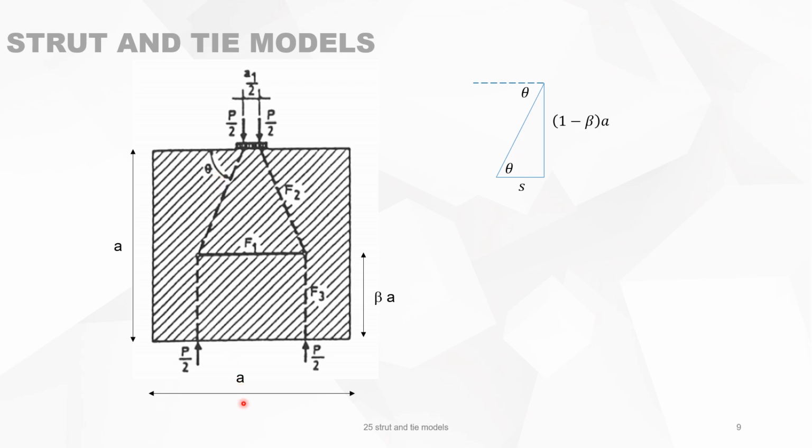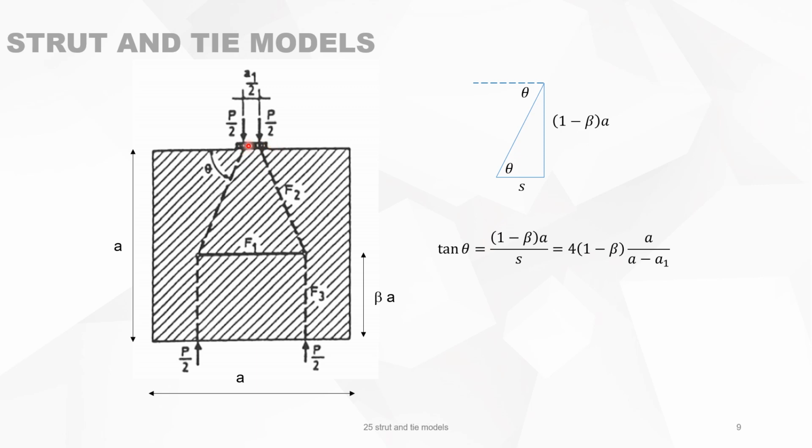You have a block of concrete with dimension A, and the center of the tie is situated at a level beta A. In this case, we see on top that this is the angle theta, and this is also the angle theta, and this dimension is (1 minus beta) times A, because this is beta A. Then you can see that the tangent of theta is equal to this expression.